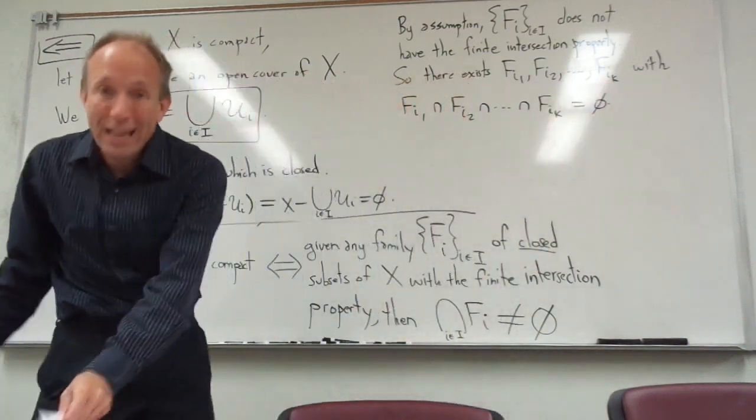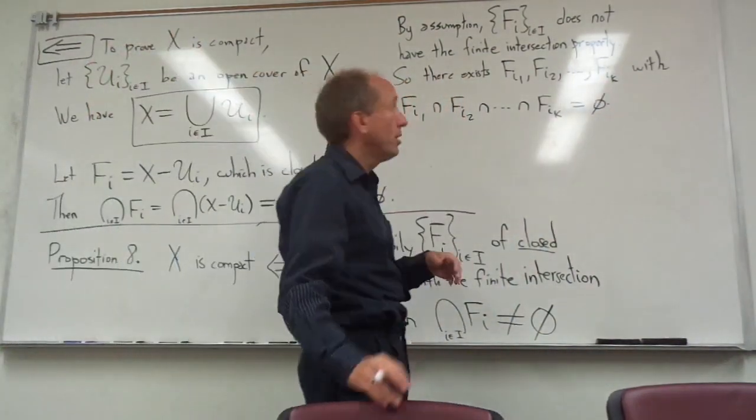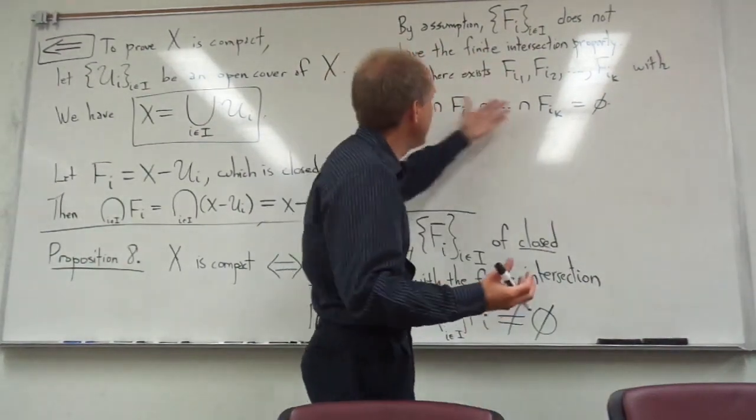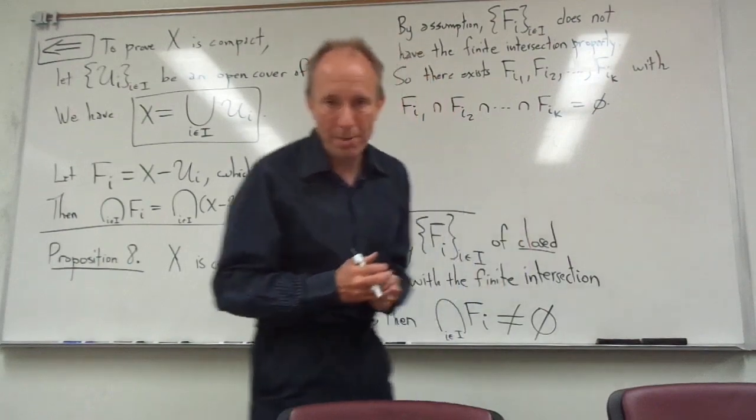If the finite intersection property fails, it means that you can find finitely many of the sets to intersect, and it's already empty.